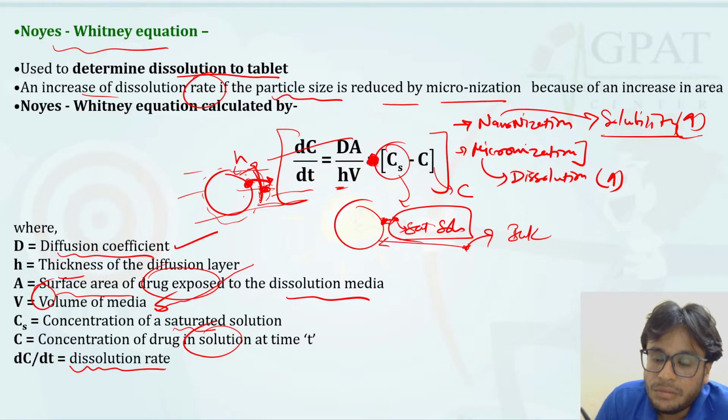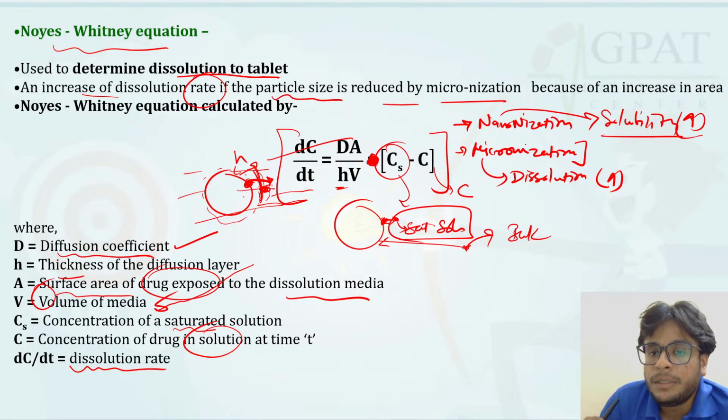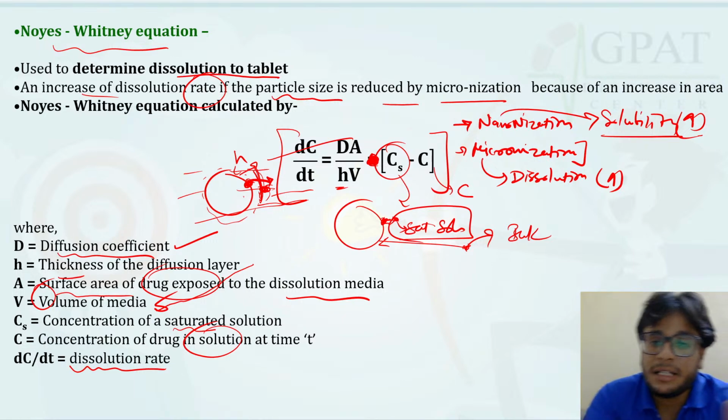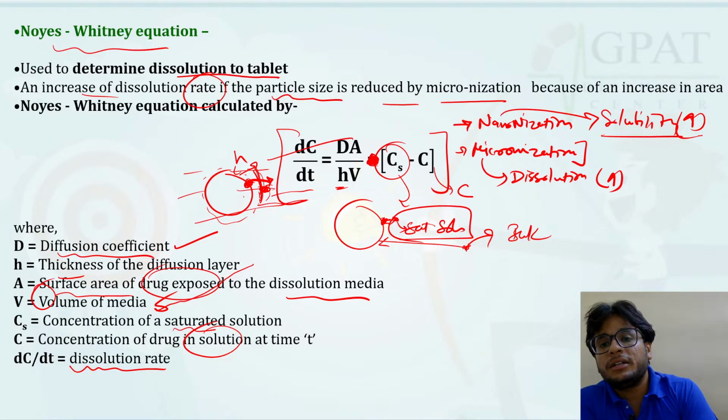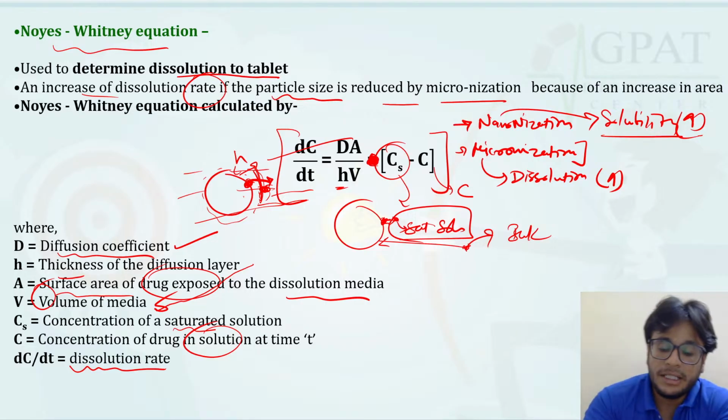That can also depend upon the concentration of the saturated solution, how much concentration of that given drug is present in the saturation condition, and it will also depend upon the concentration of the drug in the solution at a particular time t. That can be a smaller time or a higher time. If the concentration is high, then the rate of dissolution will also be high. So this is the Noyes-Whitney equation. Yes, this is going to be very, very important.